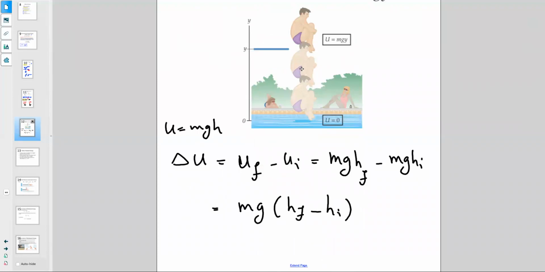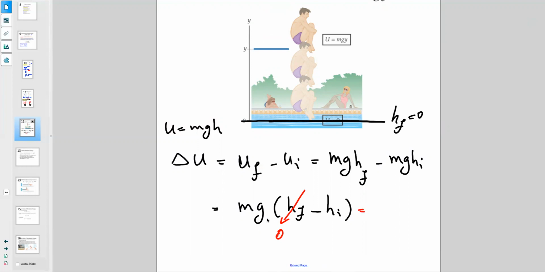If the final height becomes 0 in our case, because it is at the level of the ground, then this term is 0. So once it hits the ground, or water in our case, this is 0.